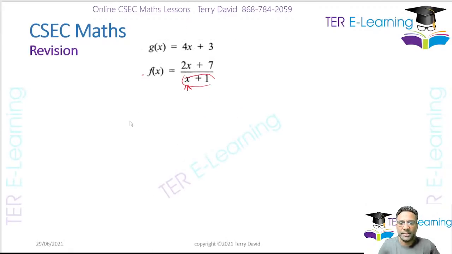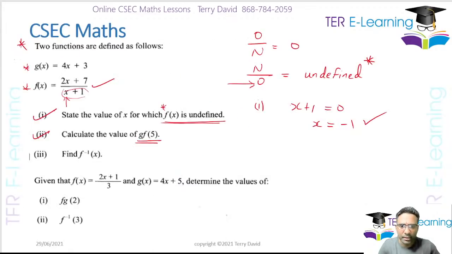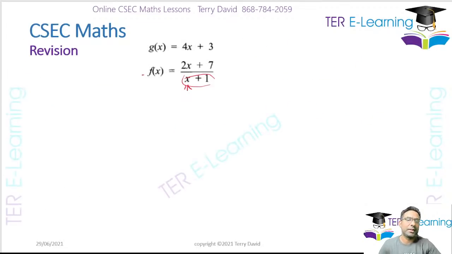So these are my two functions here, and you want to find g f of 5.